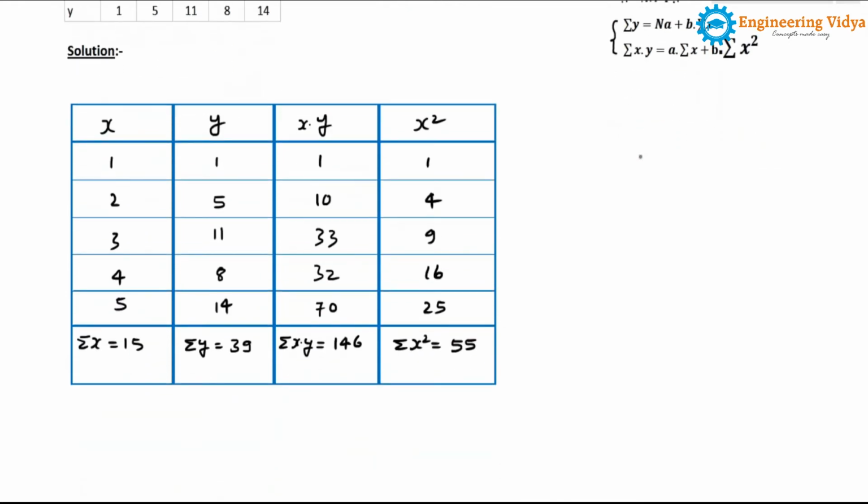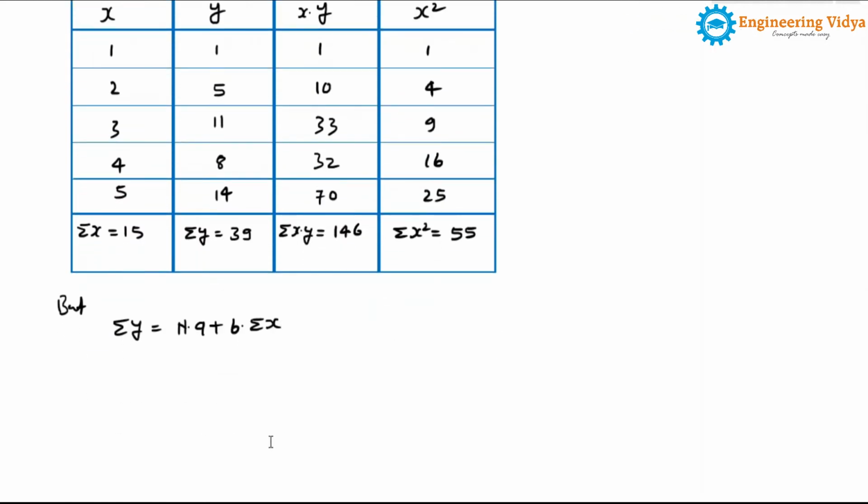We know that summation of y is equal to n into a plus b into summation of x. Now for this equation, we have summation of y, so we'll put the values over here.